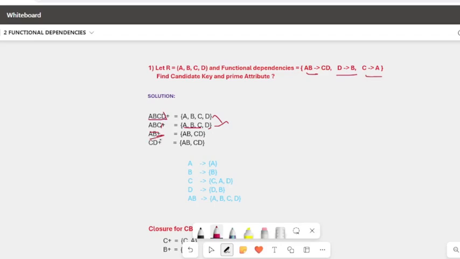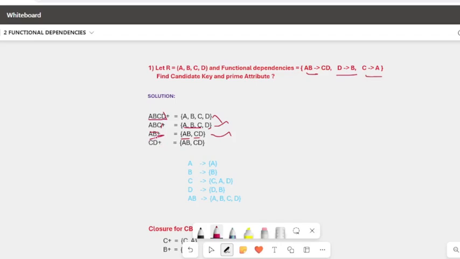We find the closure for this AB. AB gives AB. Does AB determine anything? Yes, AB determines CD. So CD. This is a super key. Does AB determine any other thing? No, this is the final step, we can't determine anything further.